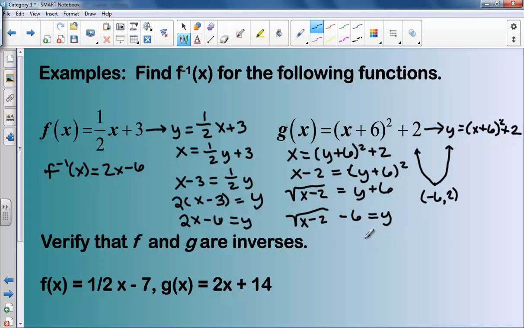So when I write out this inverse, I'm going to write it like this. So I've got f negative 1 of x, or sorry, this is g, not f, because that's what they gave us. So I have g negative 1 of x.